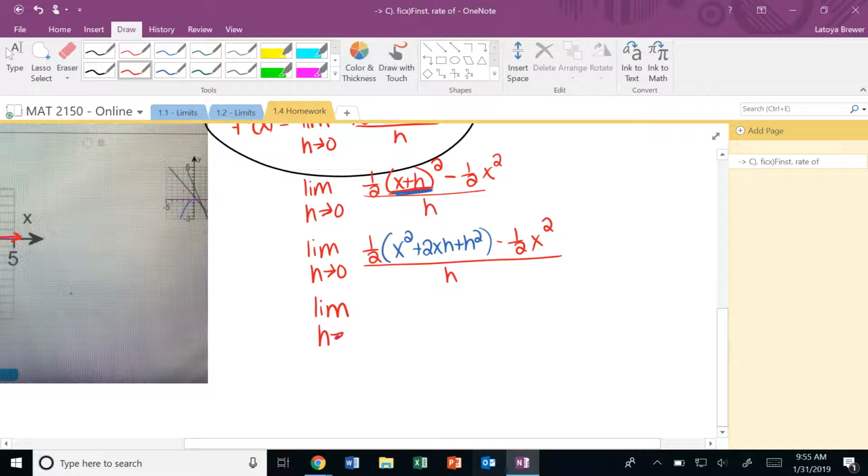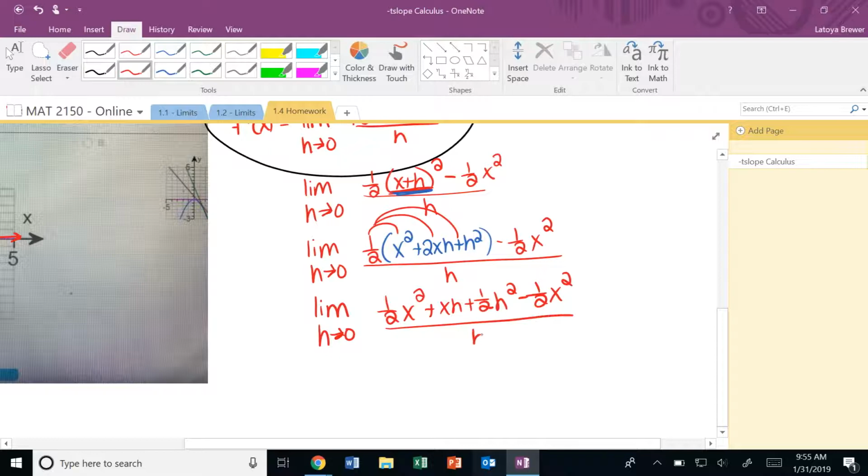So the limit as h approaches 0, and at this point you've got to remember your distributive property. That's going to give you 1/2 x squared plus 1xh plus 1/2 h squared, minus 1/2 x squared, all over h. I'm going to simplify my common terms here.